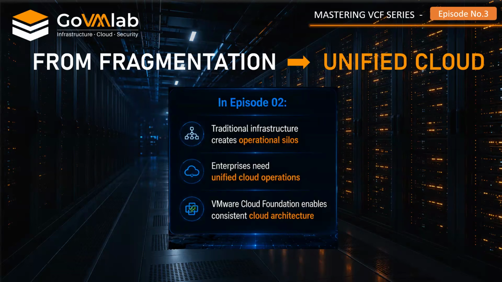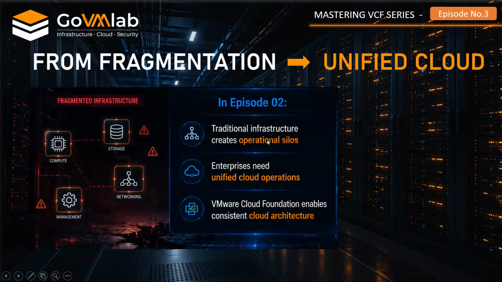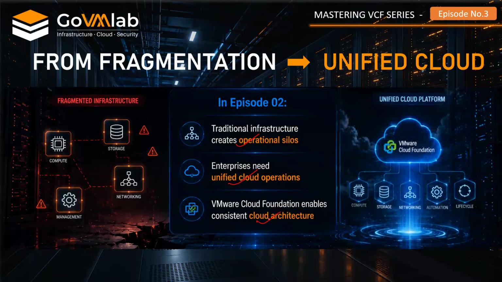As you could see on your screen, in episode number 2 we understood why enterprises need VCF. We understood these operational silos, and we also discussed why enterprises are looking for a unified cloud operating model because of the fragmented infrastructure.